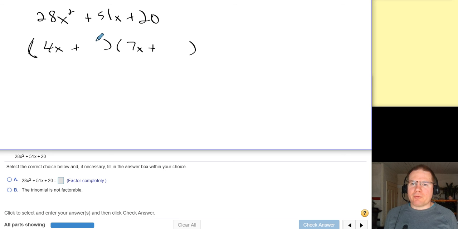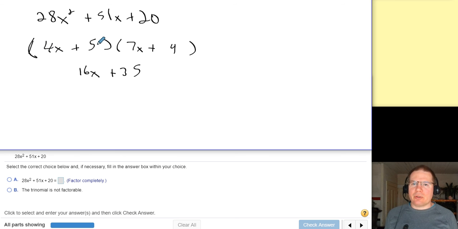So 20 might be 5 and 4. That doesn't have a common factor here. So let's check that. 4x times 4, that's 16x. 5 times 7, that's 35x. 35, 51. There we go.